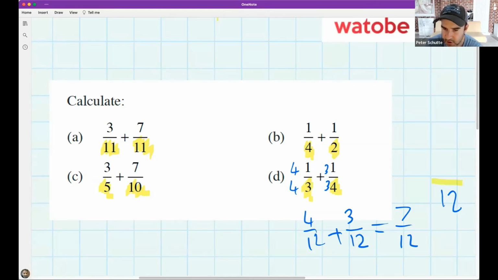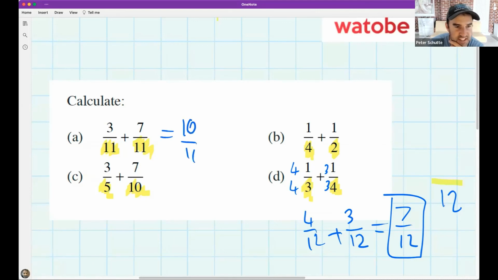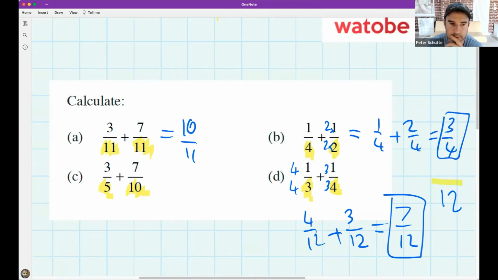I think, okay, so I think we've got 4 over 12 plus 3 over 12, so that we should have 7 over 12. And then for the first one, we would just have 10 over 11, because 3 plus 7 is 10. For this one, I'm going to times the top and bottom by 2, so I get 1 over 4 plus 2 over 4, which is 3 over 4.